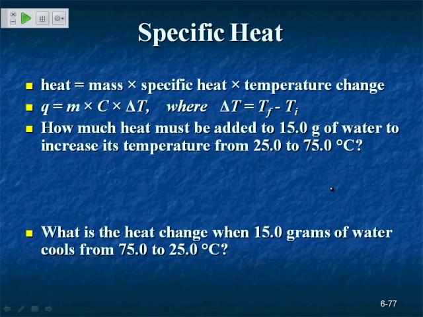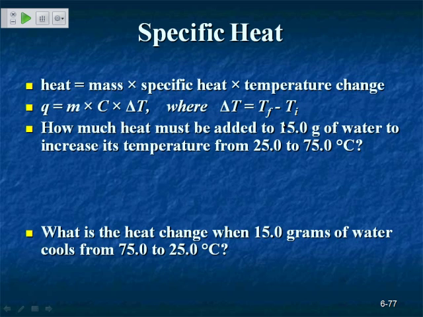But remember that equation, Q is equal to mc delta T. We are going to practice this equation in a couple of ways. So let us do these simple questions given right below the equation first. How much heat must be added to 15 grams of water to increase its temperature from 25 degrees Celsius to 75 degrees Celsius?